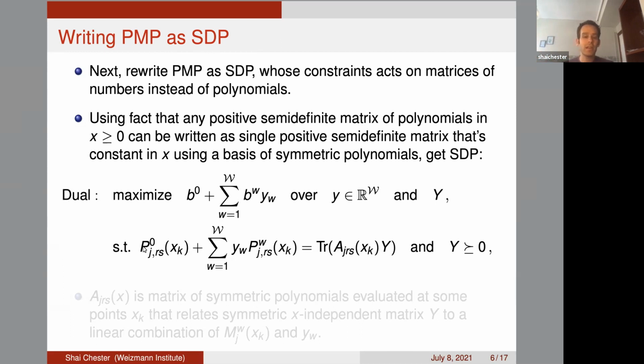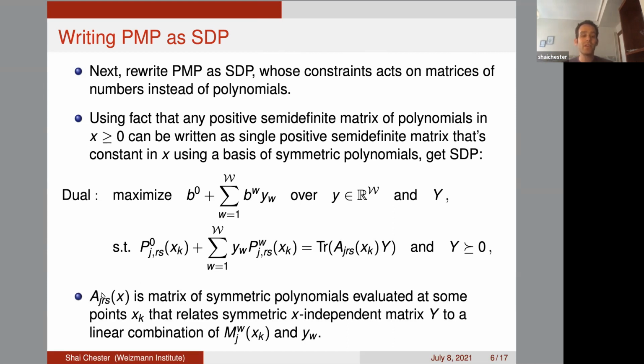This quantity P, again, is just the single polynomial that showed up in M from the previous slide. So P evaluated at these specific points xk, contracted with y, equals the trace of a new quantity we're introducing called A with this capital Y, such that capital Y is positive semi-definite.